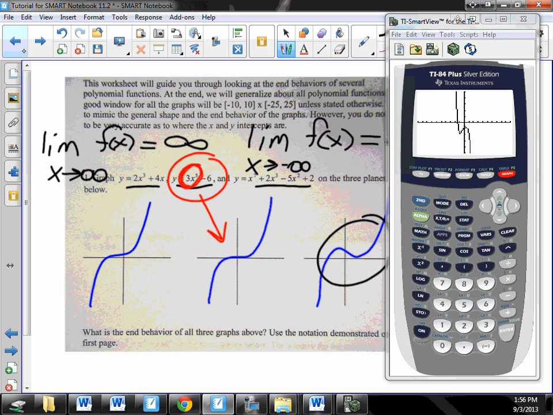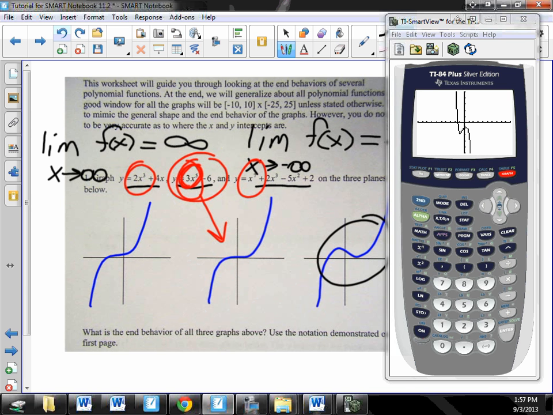Now, something else is in common. Do you notice anything about the first term in all of those? So I have an x to the third, an x to the fifth, and an x to the seventh. What do all of those have in common?